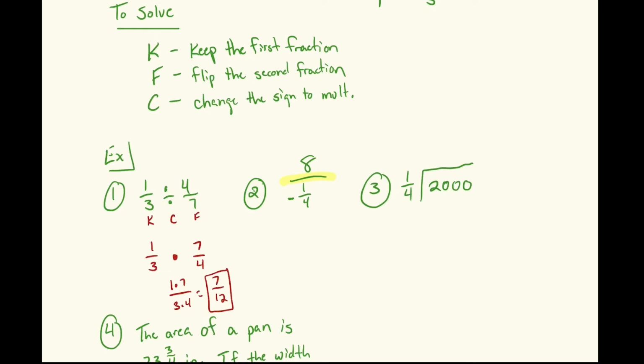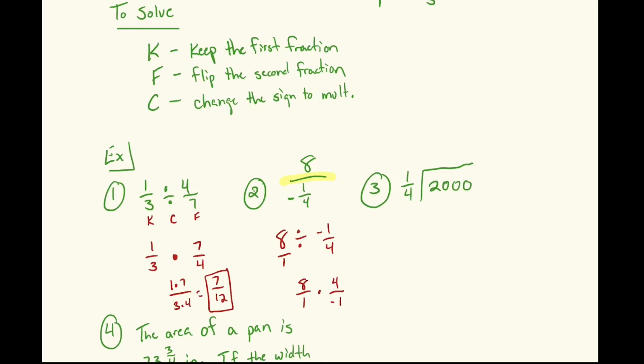So if I can write it the way that we have it in the problem, I can also rewrite it like this: 8 divided by negative 1/4. Well, we know how to change whole numbers into fractions. That's just 8 over 1. And now we do our KFC rule. We keep the first. We flip the second.